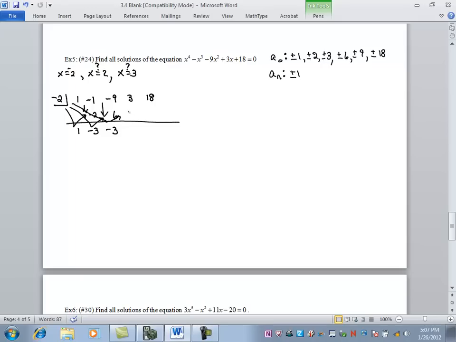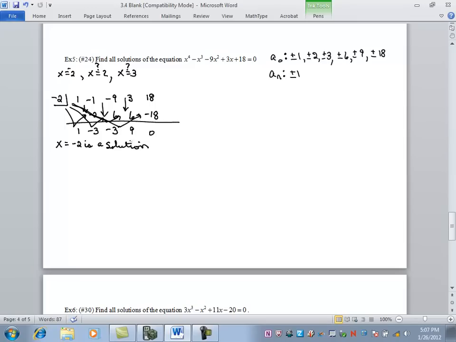Multiply, that's 6. Add down, that's 9. Multiply, that's negative 18. And there's the 0. So we have found that x equals negative 2 is a solution.